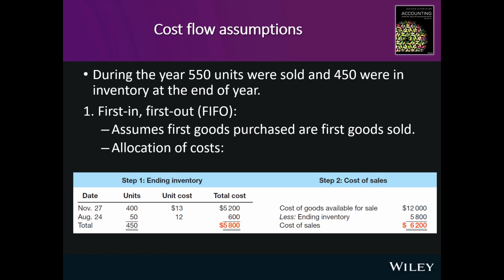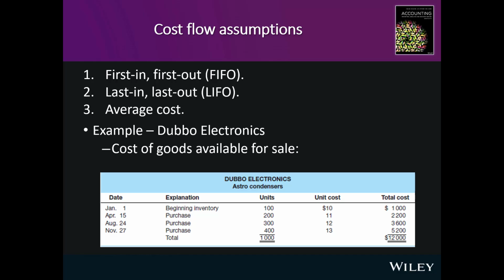If you are using first in, first out, take note, the cost of sale, the one that you will debit to cost of sales and credit to inventory, will be coming initially from the first in, first out.